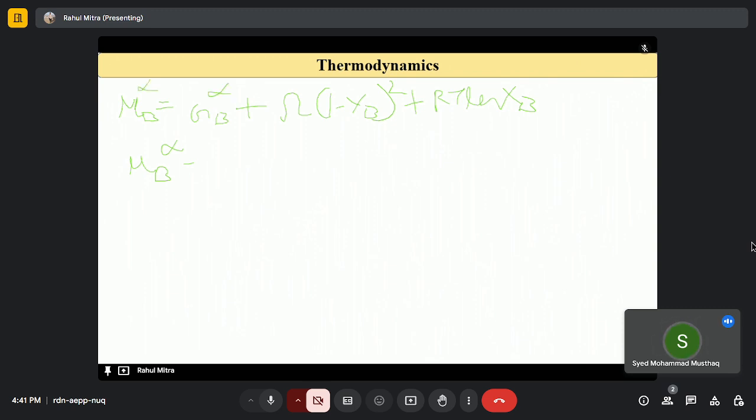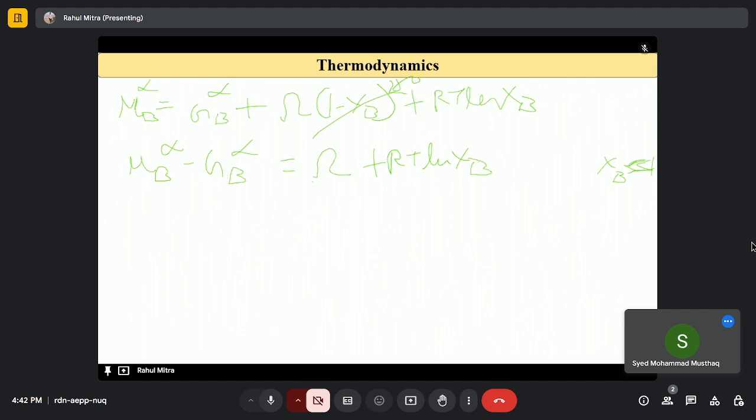G B alpha will be equal to minus G B alpha, and we know xB is less than 1, then this will turn out to be 0. So if xB approximately equals 1, because beta has very low solid solubility, if I take xB equals 1, then this will be mu times 1 plus RT.